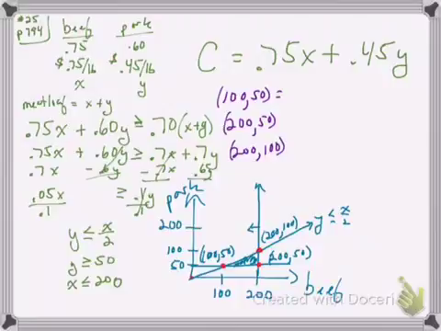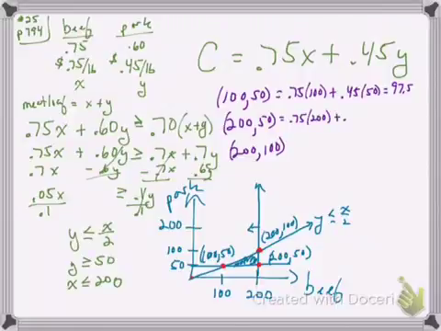We're just plugging that in: 0.75 times 100 plus 0.45 times 50, and we get 97.5. Then the next one, 0.75 times 200. When I'm doing this on the calculator, I just do second enter, and then I just have to change the 100 into a 200. That makes it a lot easier and a lot quicker to solve these problems.